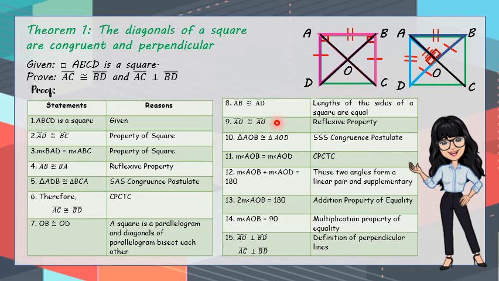And since they are congruent, then we can just divide. So we can get the measure of one angle. So 180 divided by 2, that means to say angle AOB is equal to 90. Angle AOD is also equal to 90. So if angle AOB and angle AOD are equal to 90 degrees, then we can say that angle AOB and angle AOD are right angles.